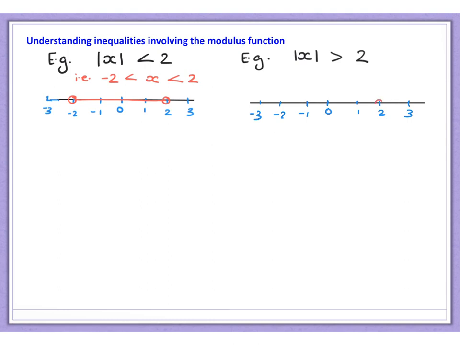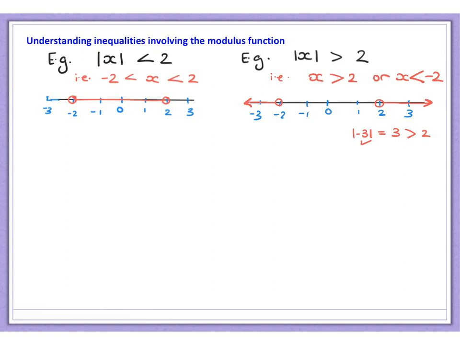So that means we're looking at any number which is above 2 and any number which is more negative than negative 2. Because, of course, the modulus of negative 3, for instance, would equal 3. And that's clearly bigger than 2, which means negative 3 would be included. So this time, interpreting the inequality, mod x is greater than 2 means that x itself must be larger than 2 or x must be less than negative 2.